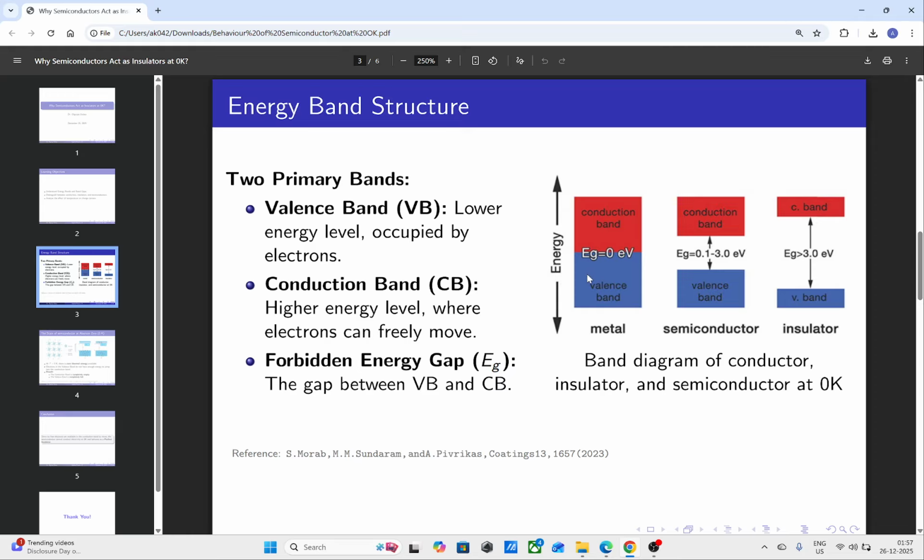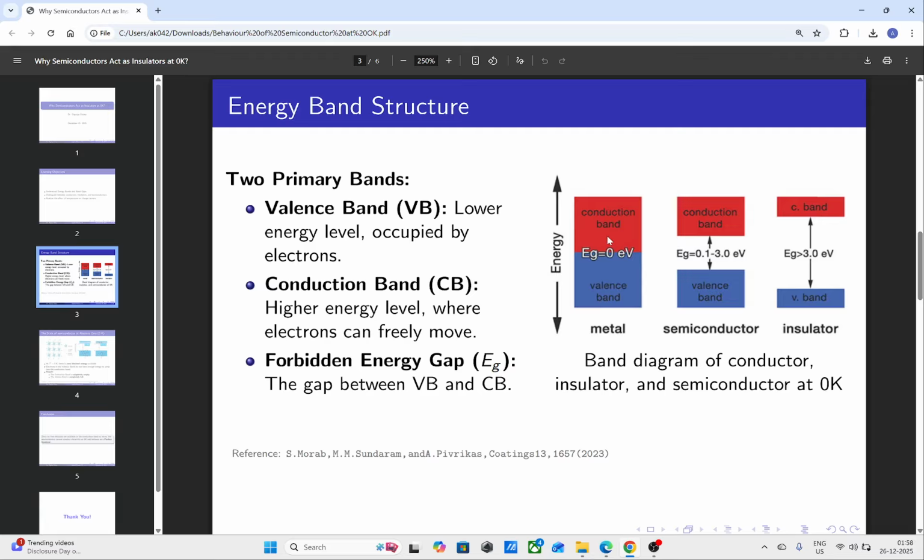Then what is a valence band? The valence band basically comprises the valence electrons, and there is also a band named the conduction band, which has lots of free energy levels. If we talk about the situation at 0 Kelvin, the valence band in each of them, metal, semiconductor and insulator, is completely occupied, and the conduction band is completely empty.